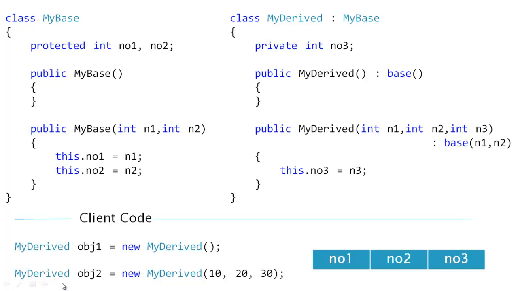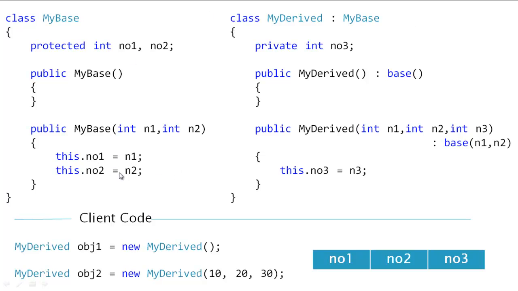In the same way, when you create an object like this, you are calling the constructor of my derived class and passing these three values: 10, 20 and 30. But from here you are redirecting your call to the base class constructor, where you are passing 10 and 20 to it.